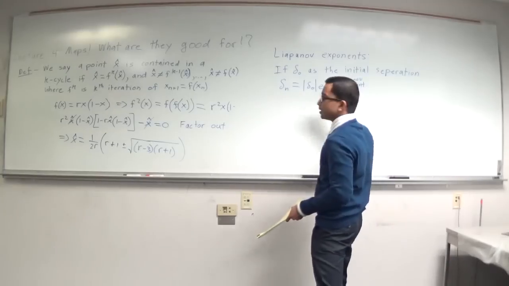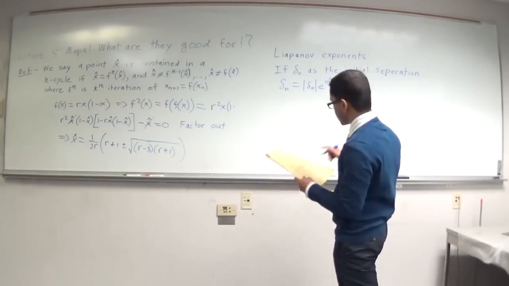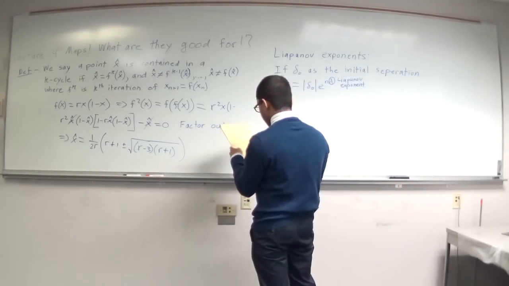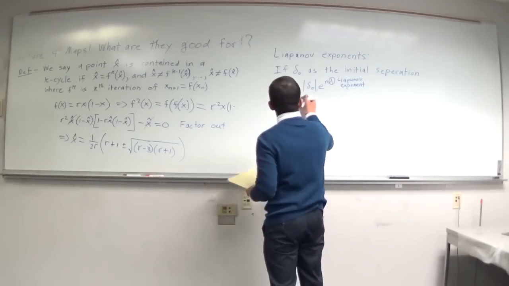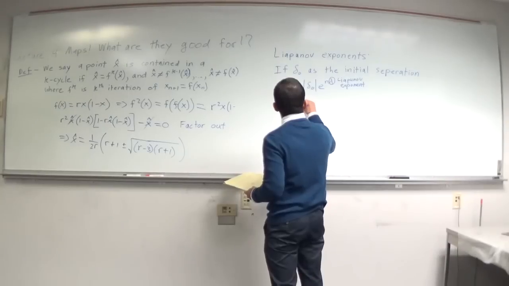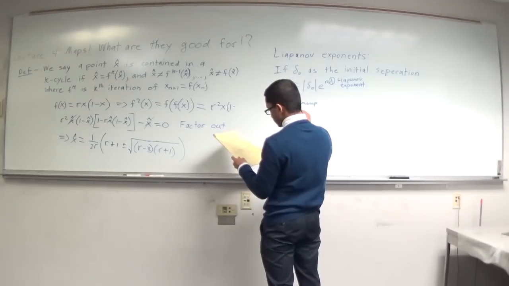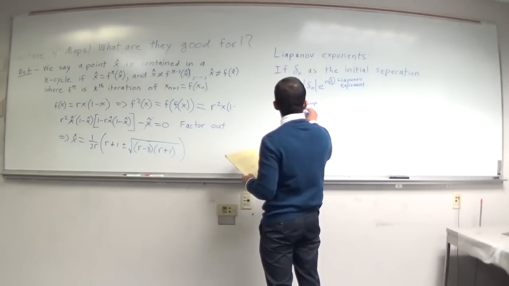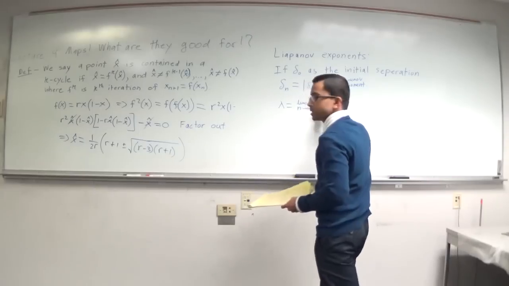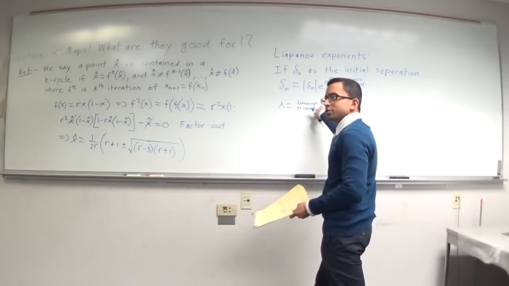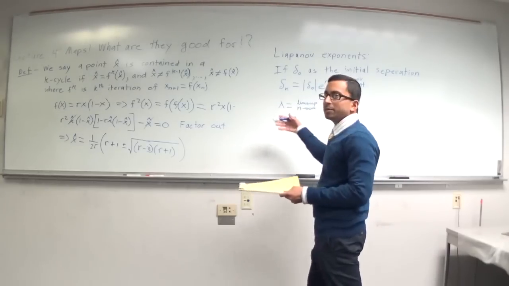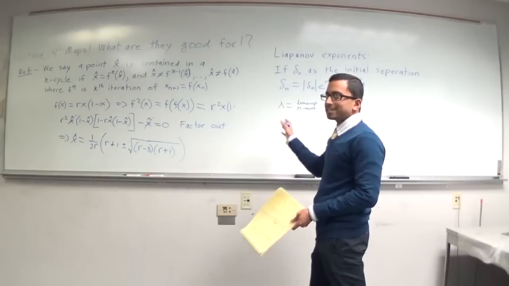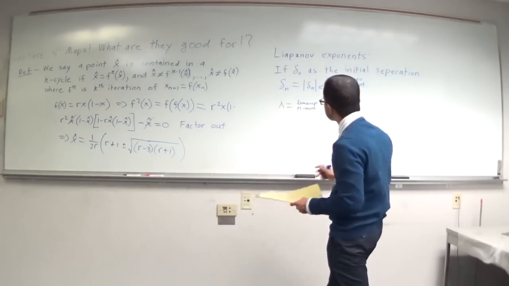We can find what lambda is explicitly. Strogatz does the derivation, but I'll just tell you what it is. Lambda equals the lim sup as n goes to infinity. In Strogatz, it's just written as a limit, but it really should be written as lim sup, the limit supremum. But we can think of it as the limit if you haven't taken analysis.